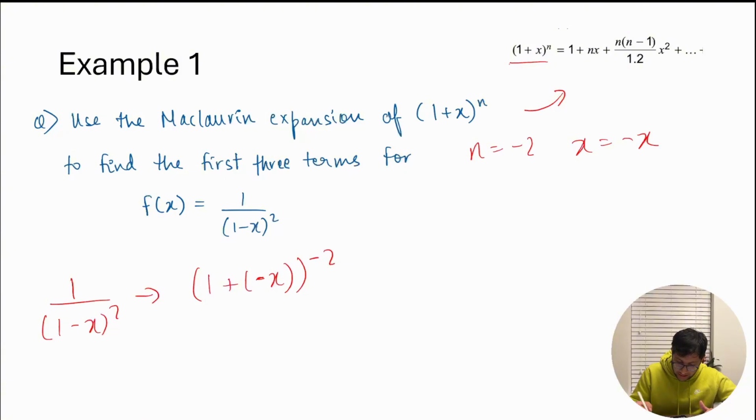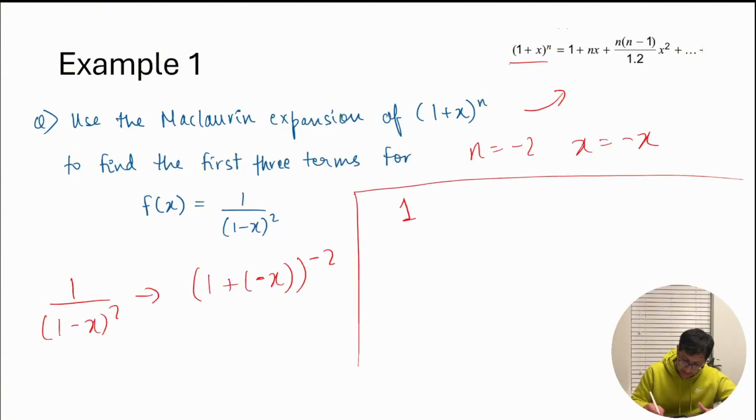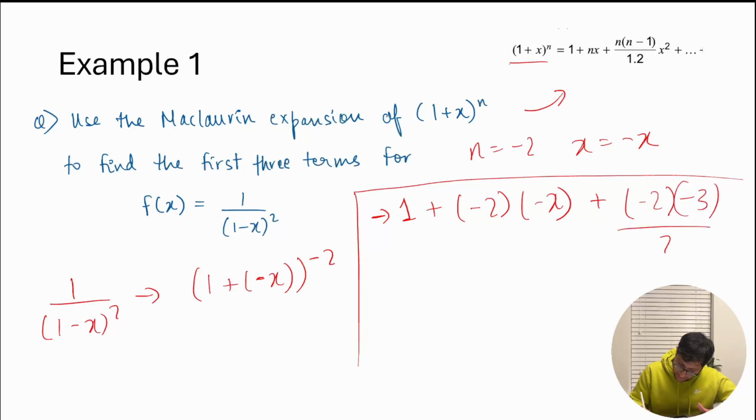So the first three terms will be 1, plus minus 2 times minus x, and then plus minus 2 times minus 3 over 2, times x squared. This gives us 1 plus 2x plus 3x squared, and so on.